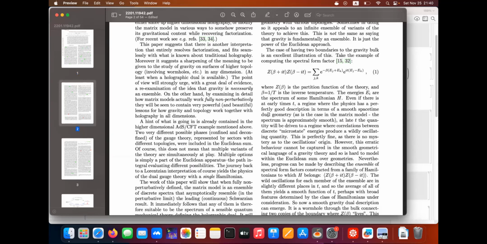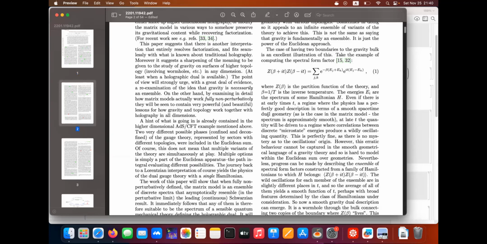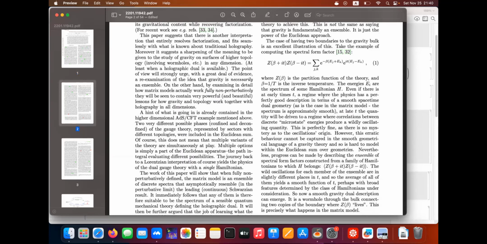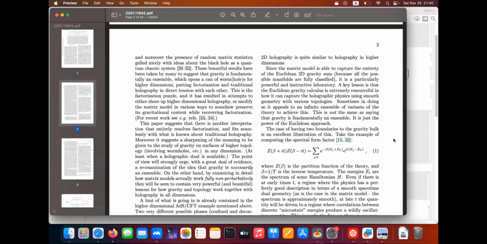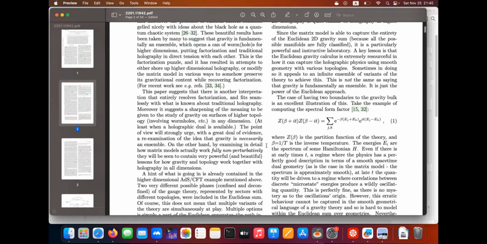So I think it is quite natural. There's nothing non-trivial. Then let's try to understand the paper.